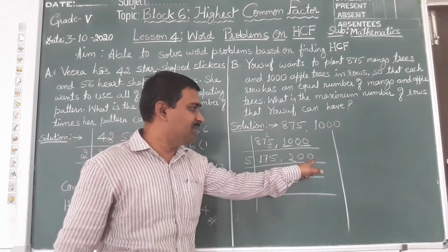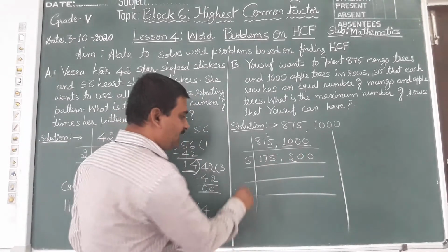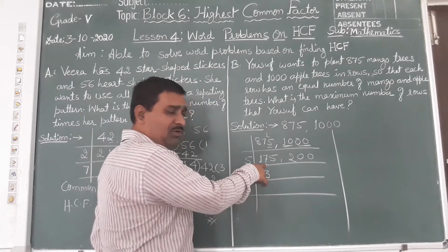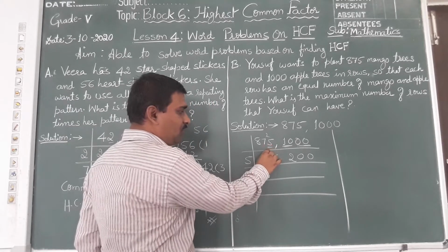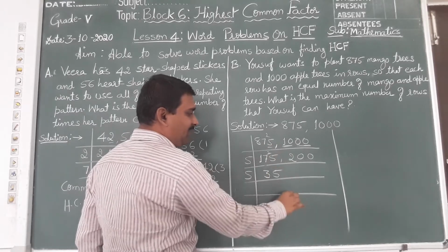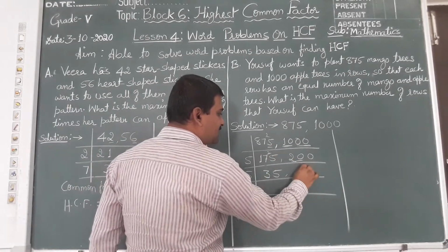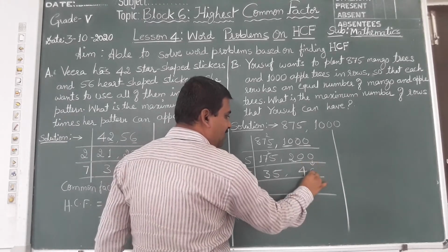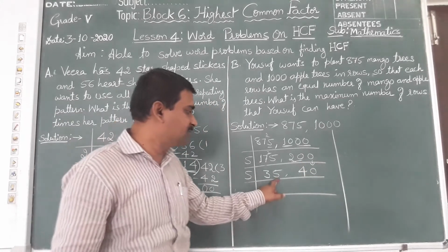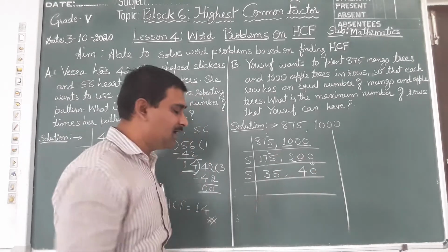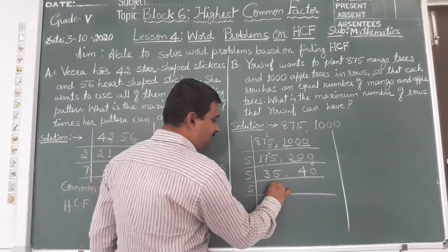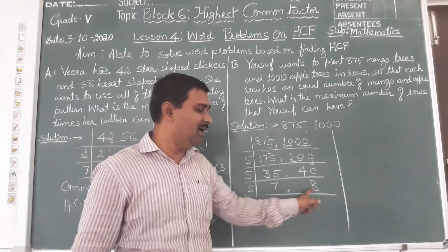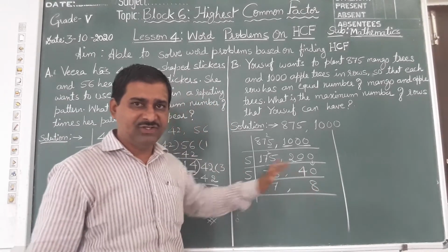Again in the ones place 5 and 0, again start with 5. 5 3s are 15. Out of 17, 15 gone, 2 remains, 5 5s are 25. So 5 4s are 20, and this 0 as it is. Again in the ones place 5 and 0, 5 7s are 35, 5 8s are 40. 7 and 8 will not come in the same table, so we should stop here.